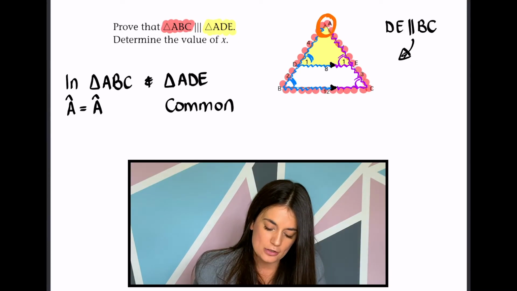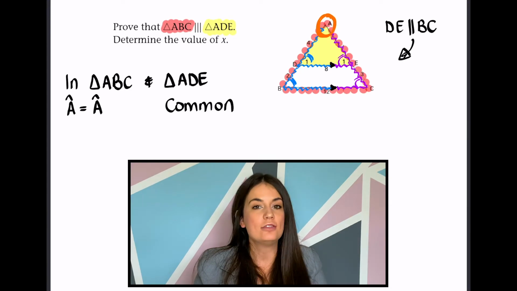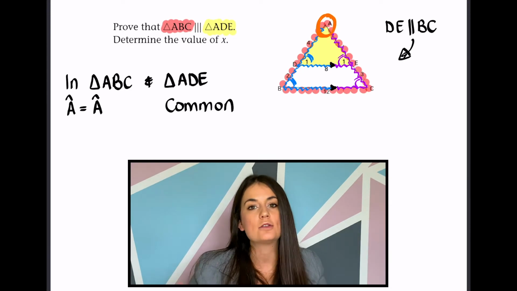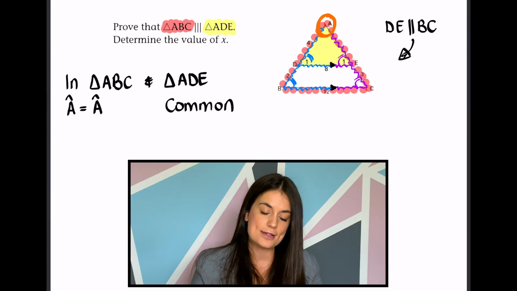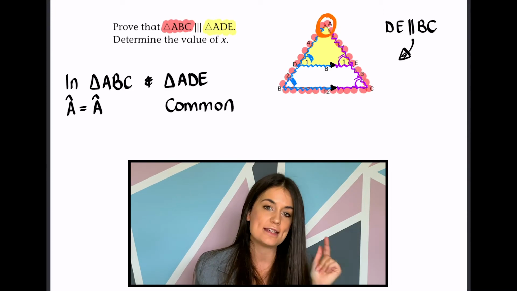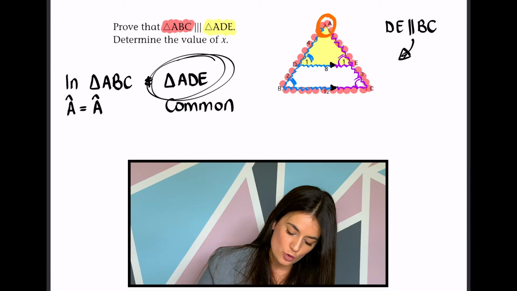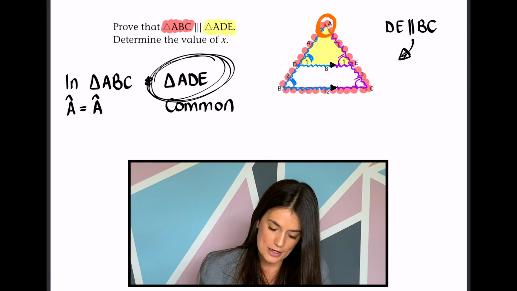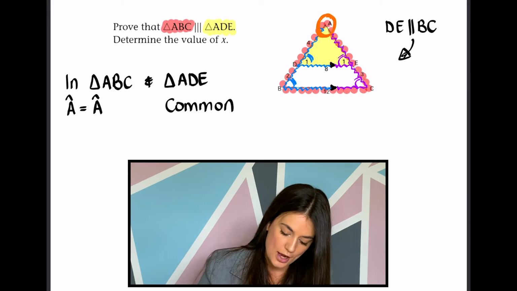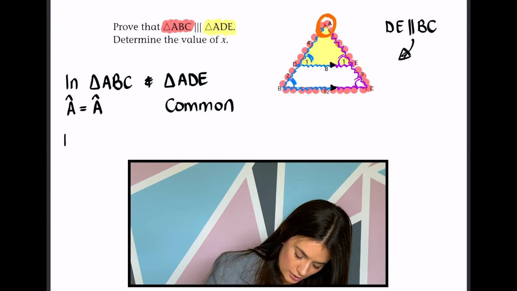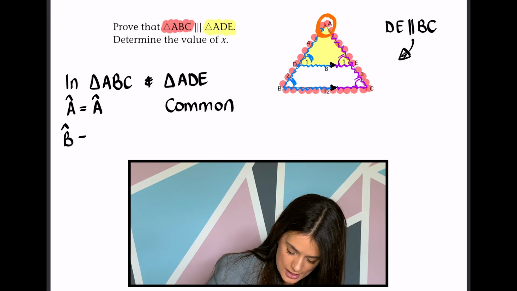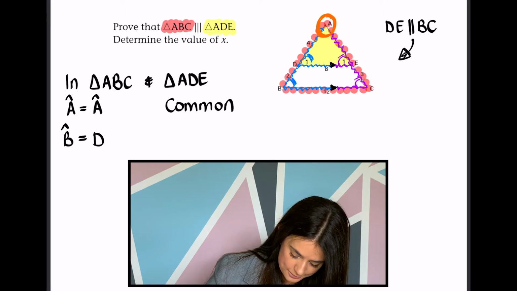So now I have angle D1 equal to angle B. Now, even though D1 is equal to B and B is equal to D1, the order that I listed is important. Why? I'm not going to say D1 equals B, because D1 is in this small triangle and that's second, which means it needs to stay second. So I'm going to say that angle B is equal to angle D1.